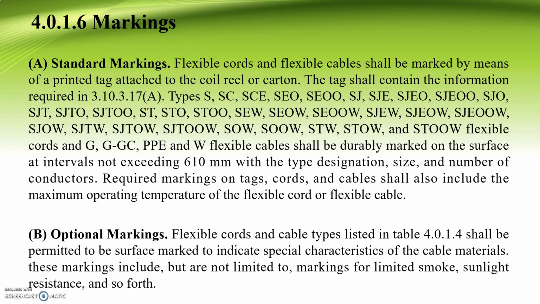3.10.3.17A. Types S, SC, SCA, SEO, SEOO, SG, SGE, SGEO, SGEOO, SGO, SGT, SGTO, SGTOO, ST, STO, STOO, SEW, SOW, SEOO, and so on and so forth, and flexible cords GC, PP, and W. Flexible cables shall be durably marked on the surface at intervals not exceeding 610 mm with the type designation, size, and number of conductors.